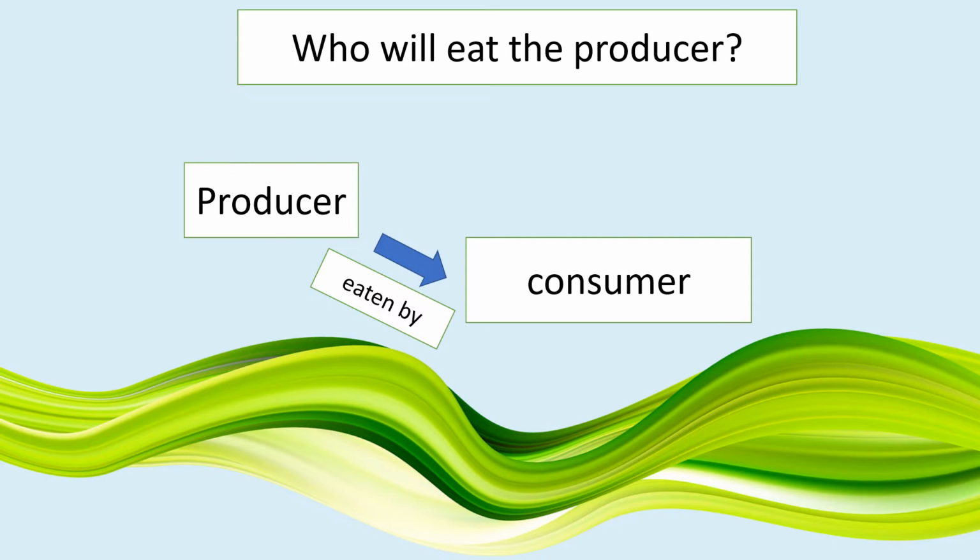Because producers are any living things that use the energy of the sun to make their own food. And that is a plant. Okay, class? And then, what are consumers? These are animals that eat other animals. So again, who eats the producer? It's the consumer. Okay?